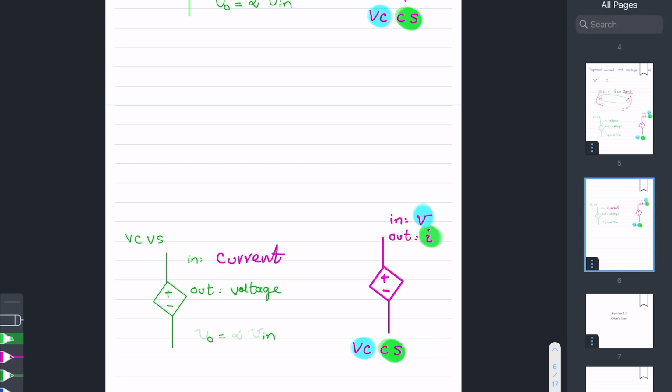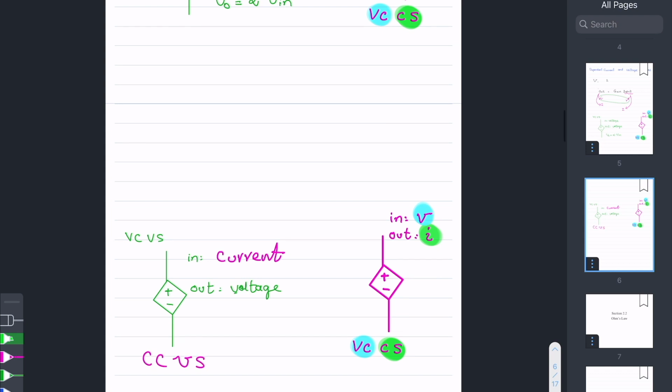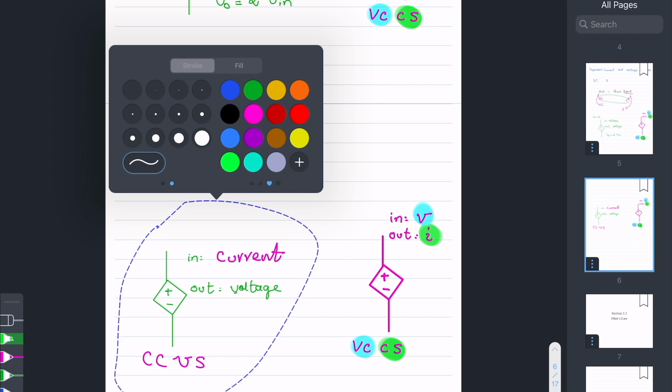So this becomes a current controlled voltage source. Not a voltage controlled voltage source, but a current controlled voltage source.